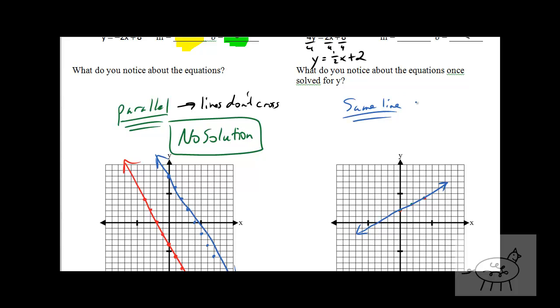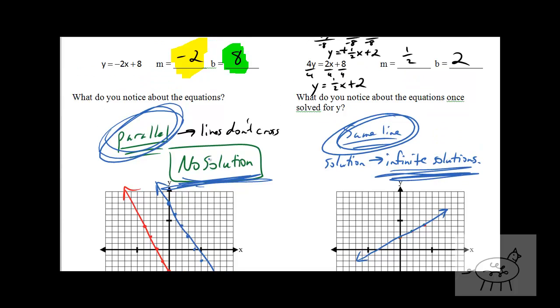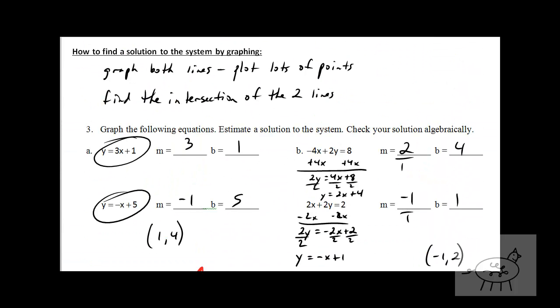So the solution is infinite solutions, because it's hitting everywhere. And that's how you know. If it's the same line, it's infinite solutions. If it's parallel lines, it's no solution. Otherwise, you graph it and you have one solution.